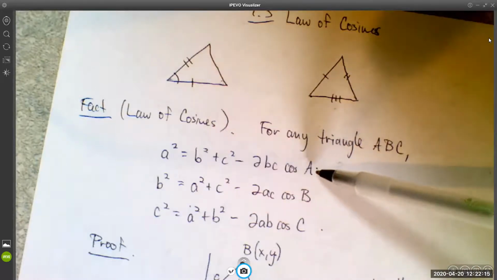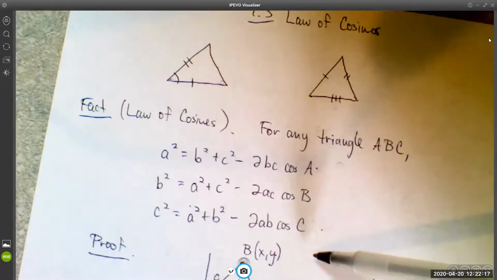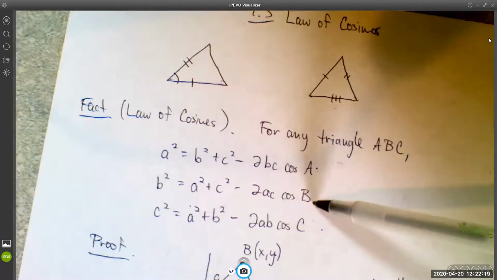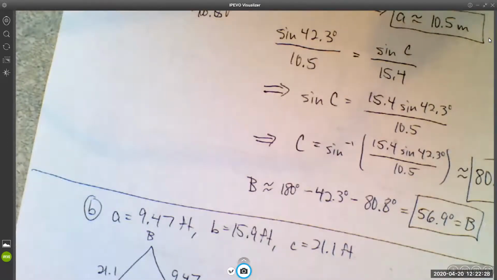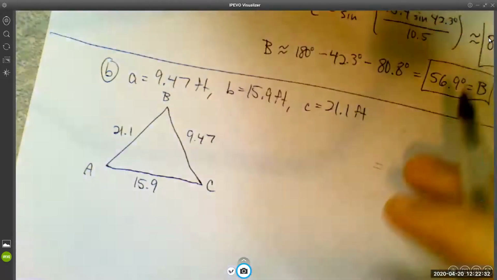But what that means is that we can use any of these three versions of the law of cosines as our first step. It really doesn't matter which one you decide to use. So I'll use the first one again. It served us well last time.